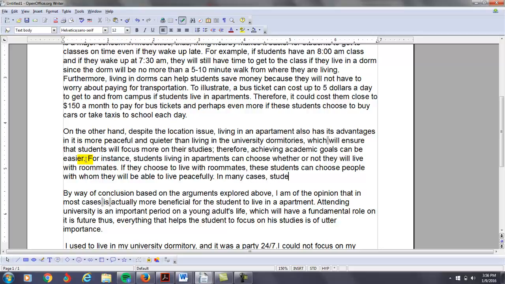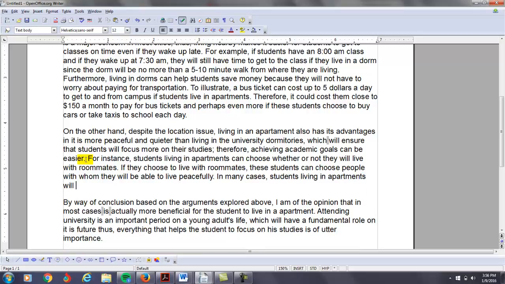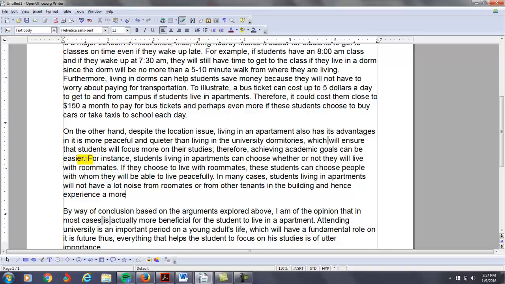In many cases, students living in apartments will not have a lot of noise from roommates, and hence experience a quieter environment.